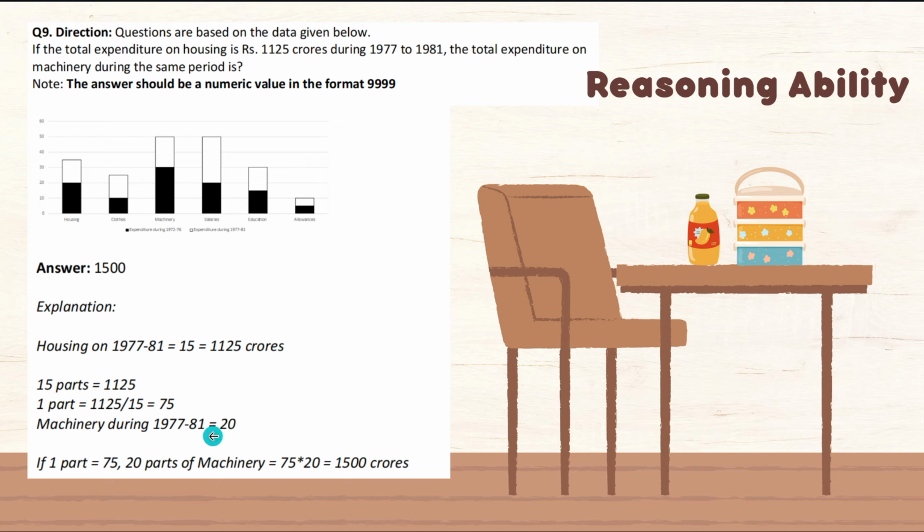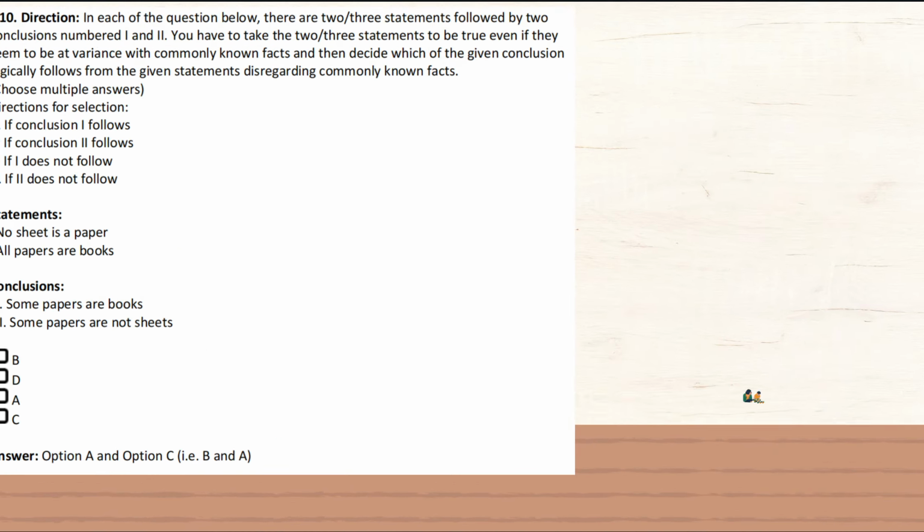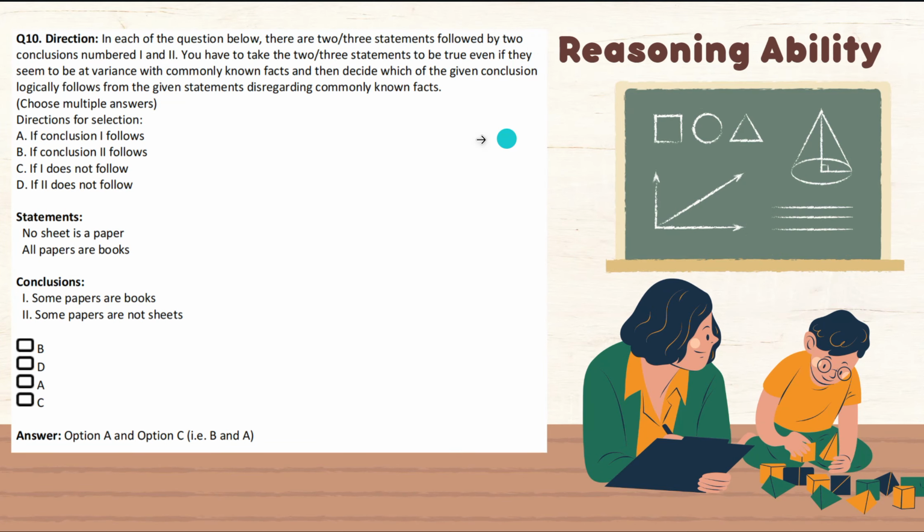Hence machinery is 20 parts. So by calculation it is 1500. That is the answer. Let us go into another question. All questions are based upon the bar chart. And this is another question.